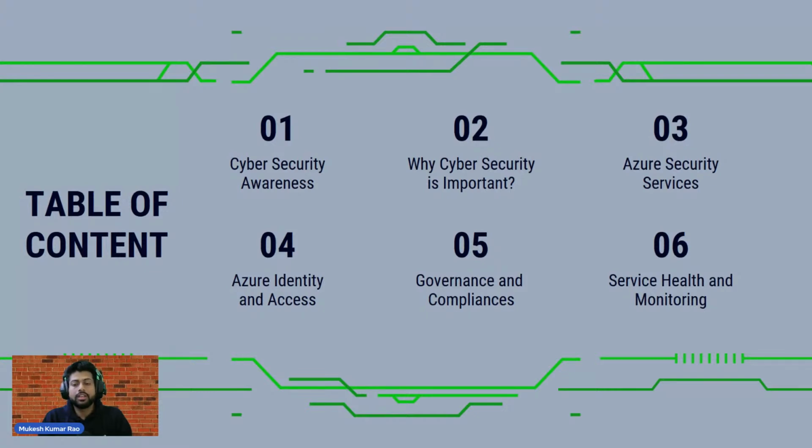Then we will see the governance and compliance of Azure services, how Azure is working with governments to provide them a cloud solution, and what policies they are following in different countries, level to level. And in the last we will see the service health and monitoring system on Azure, that is, for the resources we are running, how we can manage and check the performance through these particular services. Okay, so let's move.